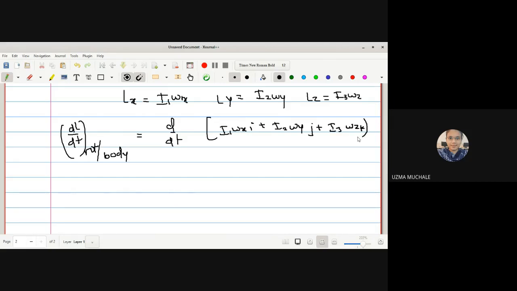Now after differentiating, d/dt of this term will be I1 as it is, and derivative of omega, it is omega x dot i plus I2 omega y dot j plus I3 omega z dot k. So this is our equation 2.